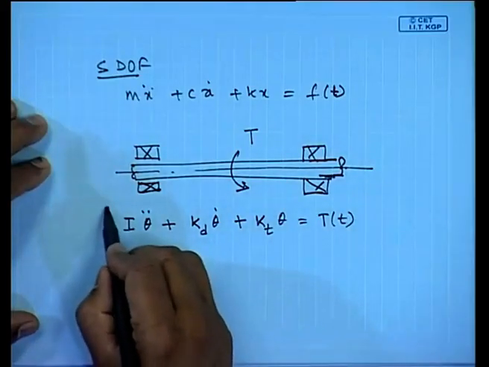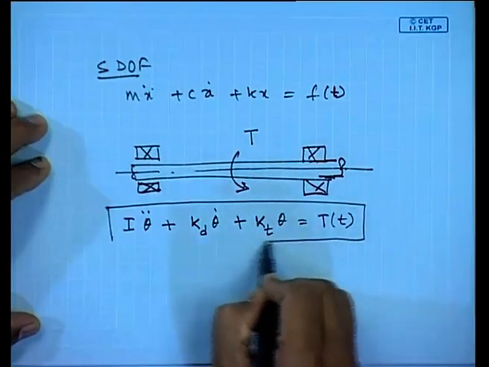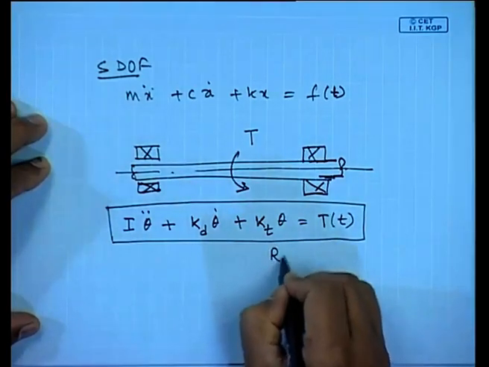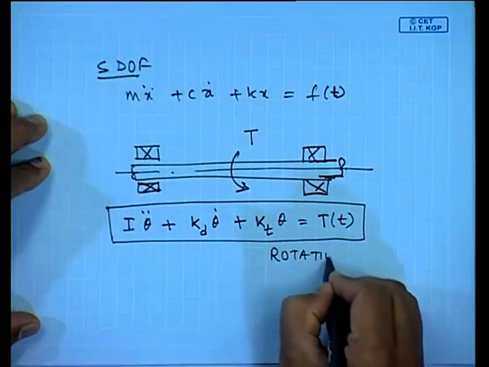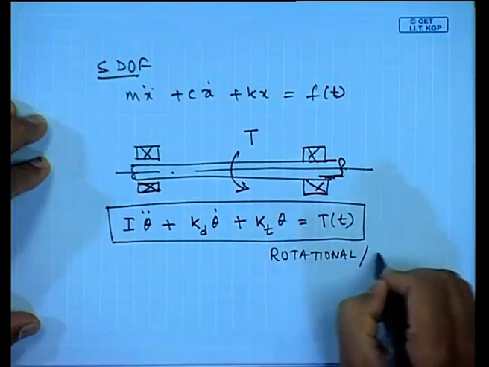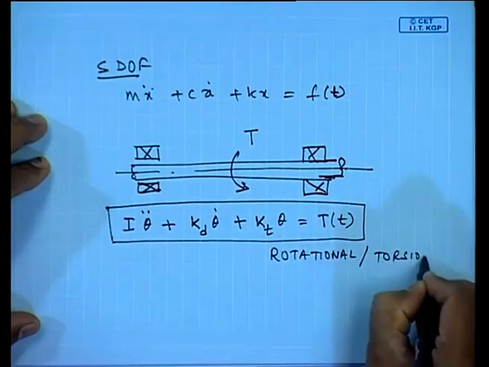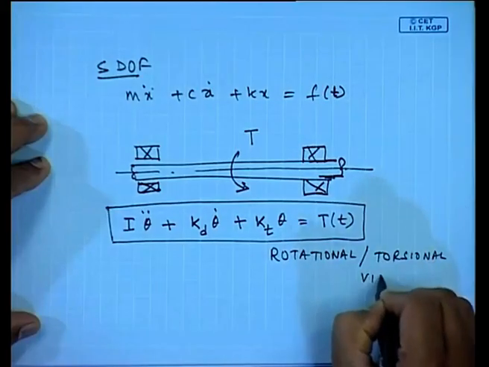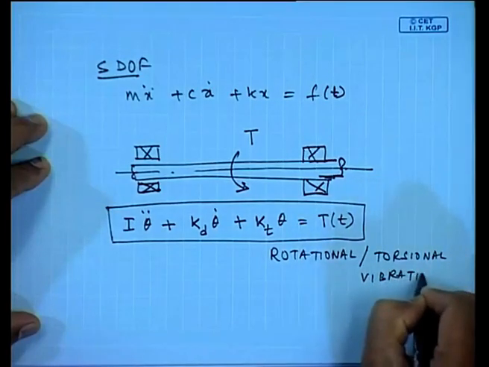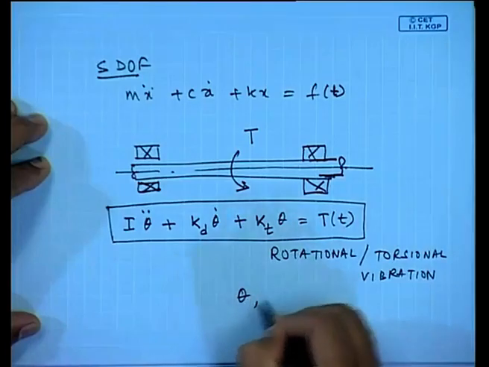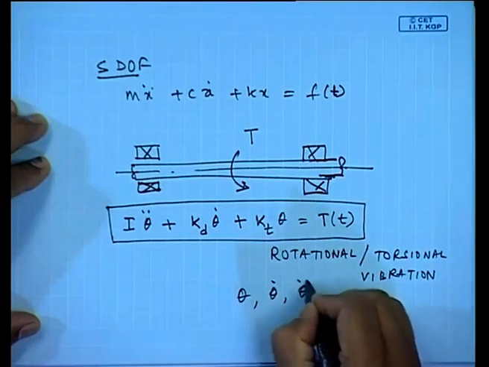So, this is the equation of motion in a rotational or torsional vibration, in terms of theta, theta dot, and theta double dot.